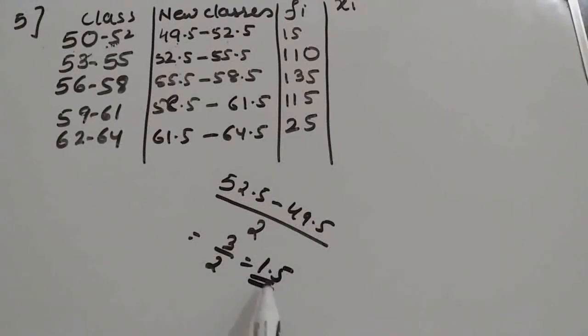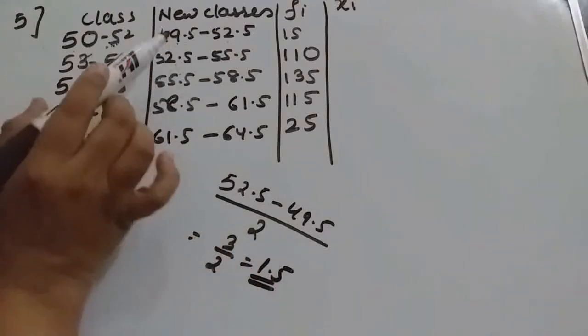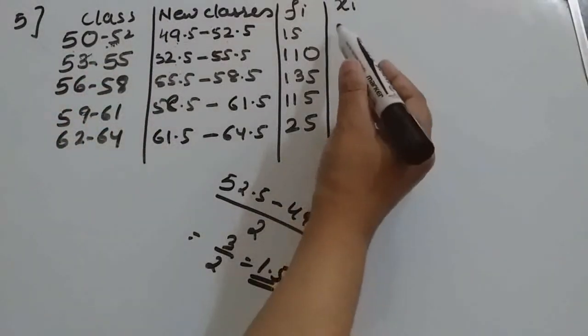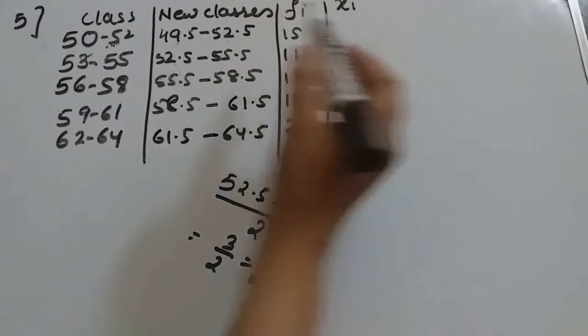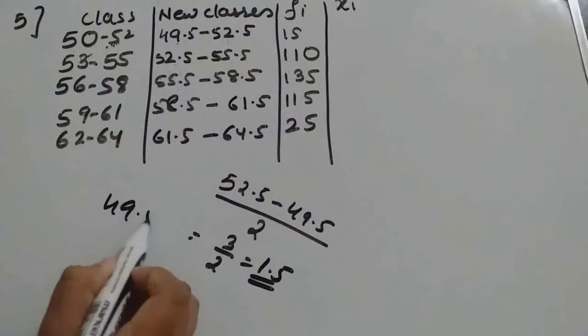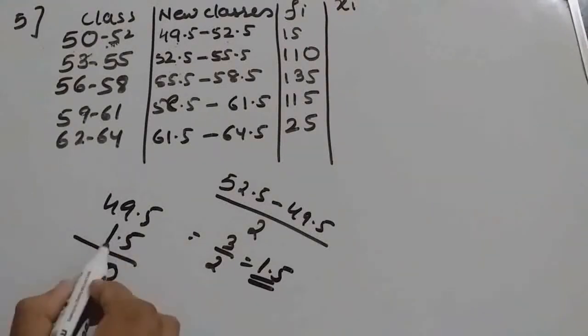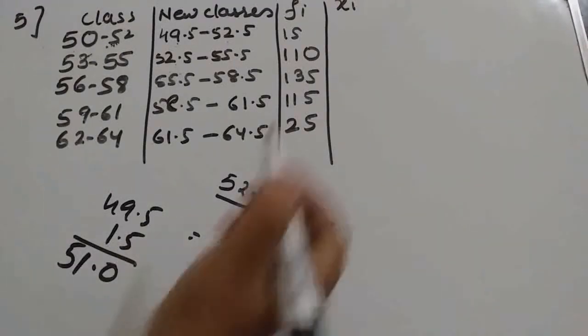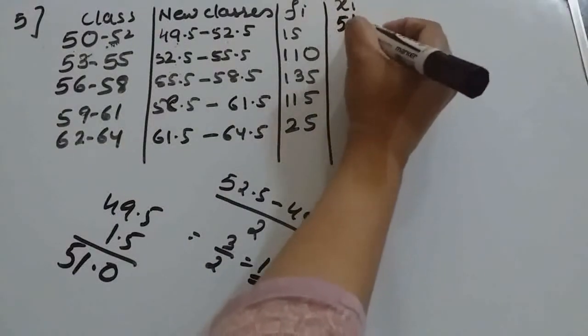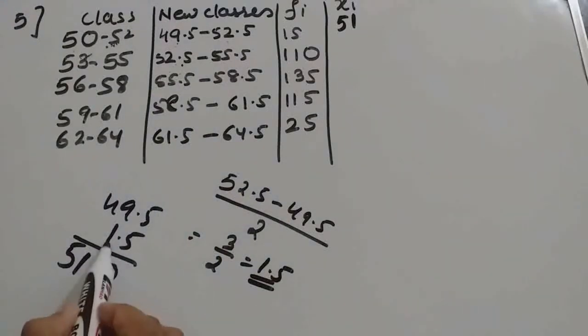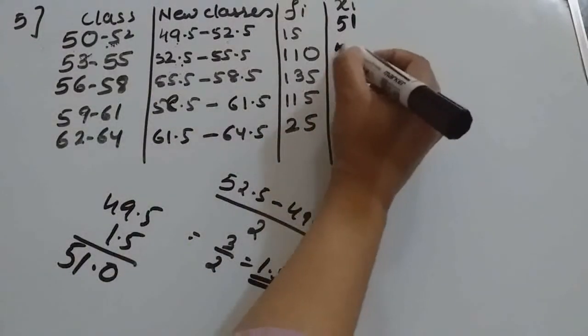So this 1.5 you should add in each of the lower class limits to get class mark. So 49.5 plus 1.5 will give 51, isn't it? So first one will be 51. Then 52.5 plus 1.5 will give 54.